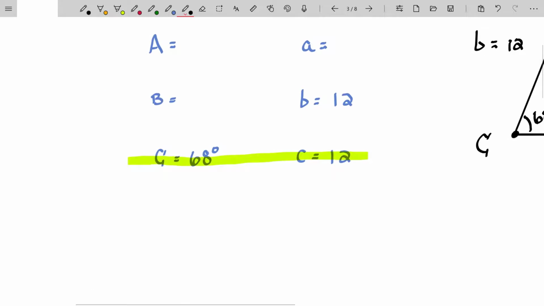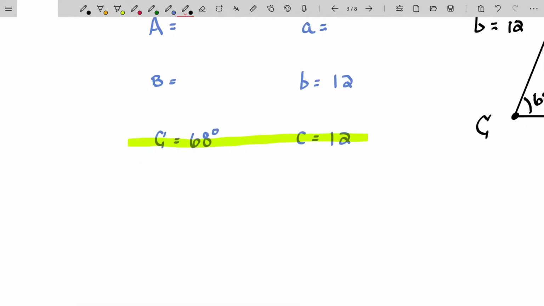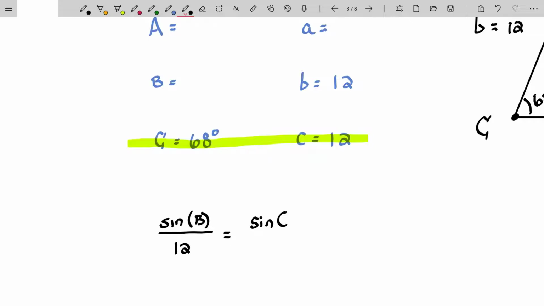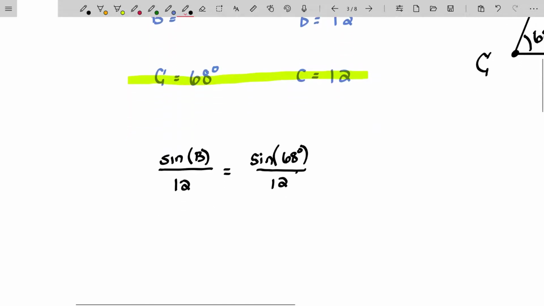Okay. How would you solve this? Well, you have a full, complete row. So you know that the sine of angle B is to side B as the sine of angle C, angle C was 68 degrees, is to side C. Multiply both sides by 12, and you get sine of B. I'm just showing you the mechanics of how it would have worked if this wasn't such a nice example.